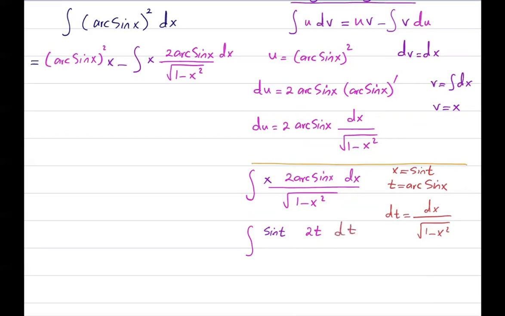Very good. So this integral became a simpler integral this way. So I'm going to just make it a little bit easier to read. Wherever I see x, I'm using sine t.